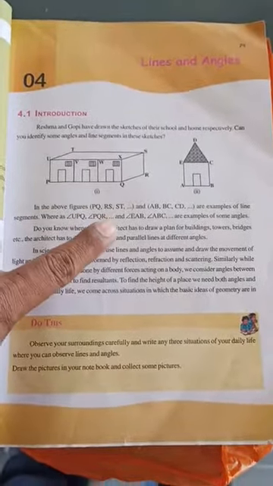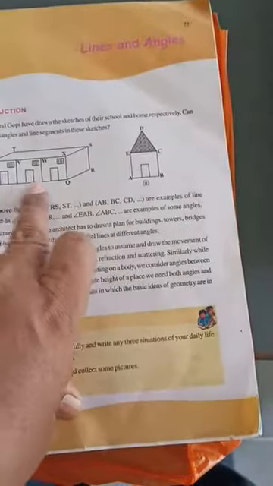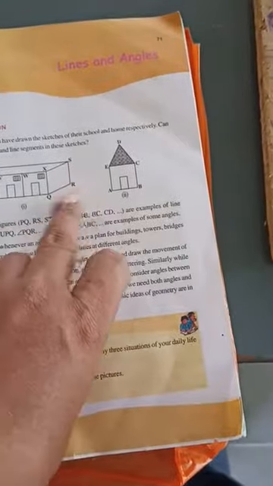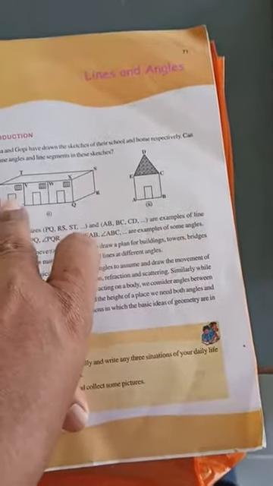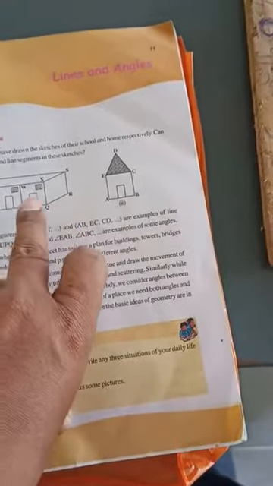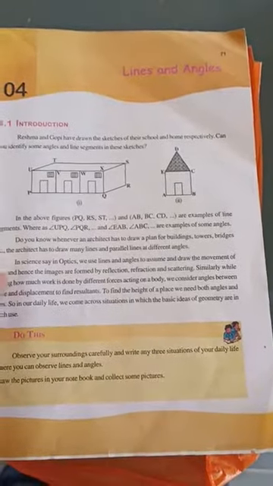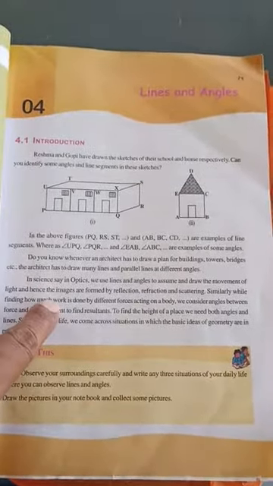See in the above figure, this is the line PQ, RS, QR, ST, UV, UT. These are all lines, examples of line segments.